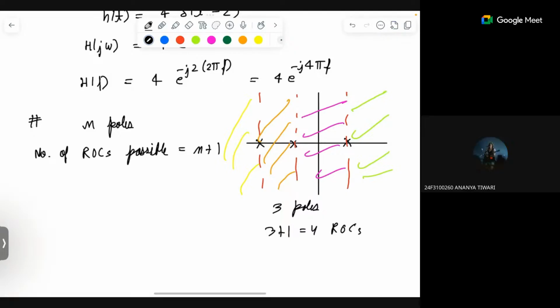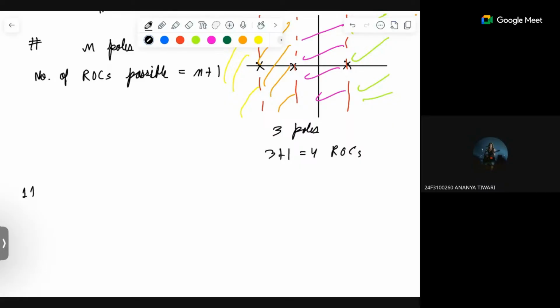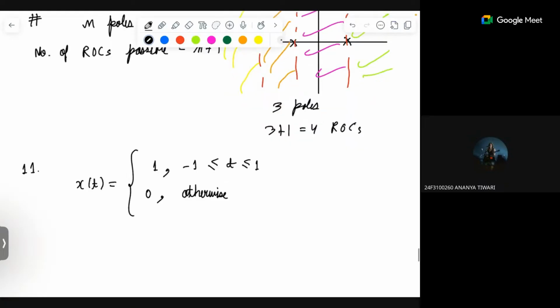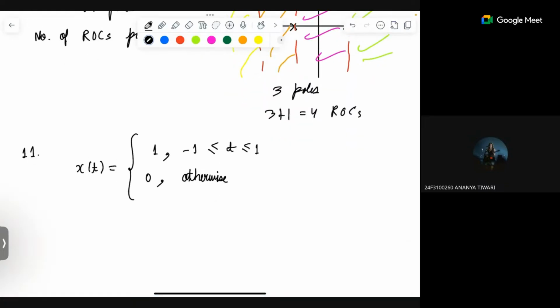Okay, now let us solve the last question. So x of t is equal to 1 when t is between -1 to 1, and it is 0 otherwise. So can you tell me what kind of function is x(t)? Does it look familiar? Rectangle. Yes, x(t) is a rectangular function.